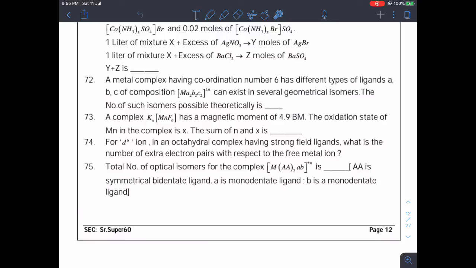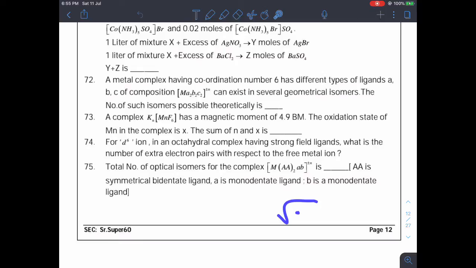Now let's move to another question. They have given a complex K3MnF6 which has a magnetic moment of 4.9. You remember earlier I told you one of the simplest ways of knowing the number of unpaired electrons is under root.